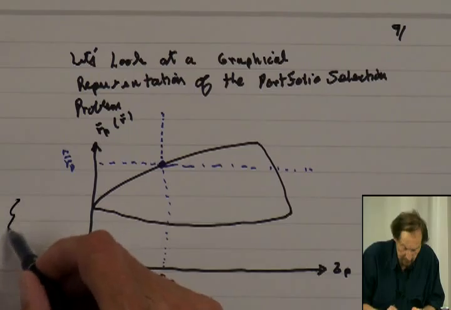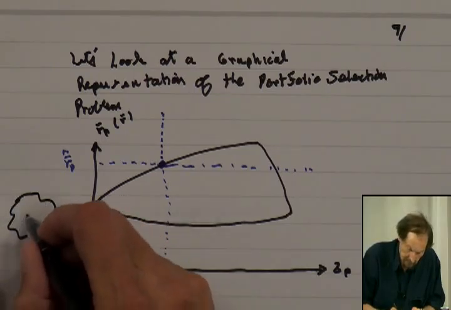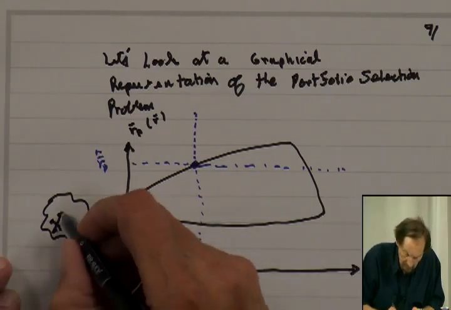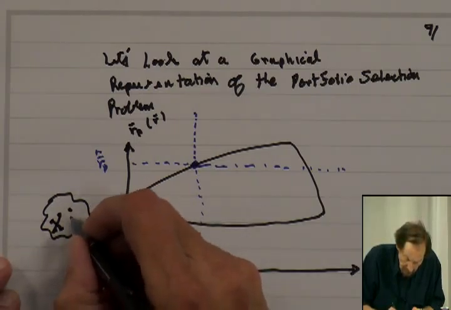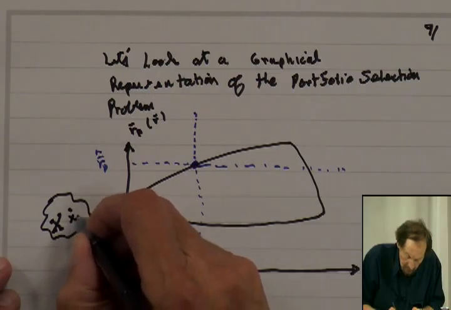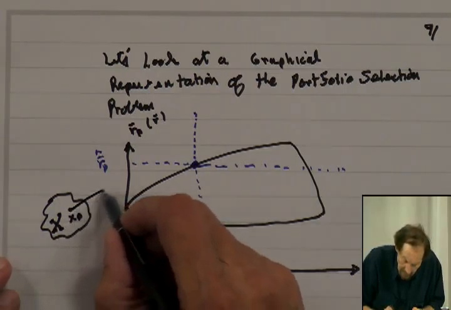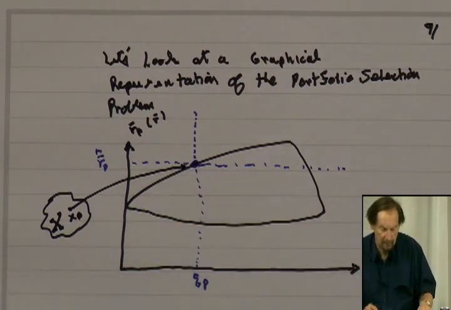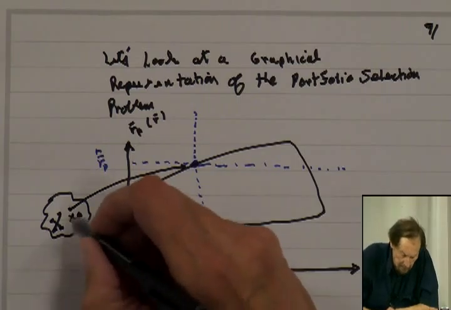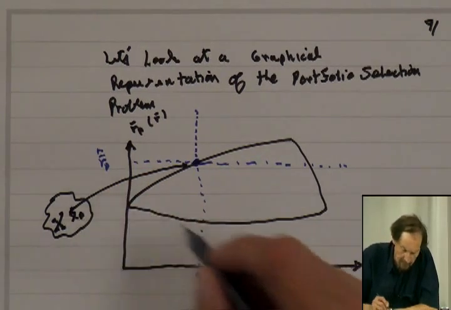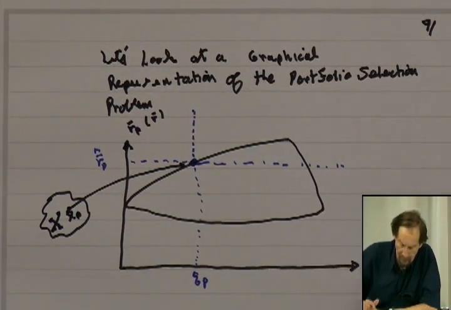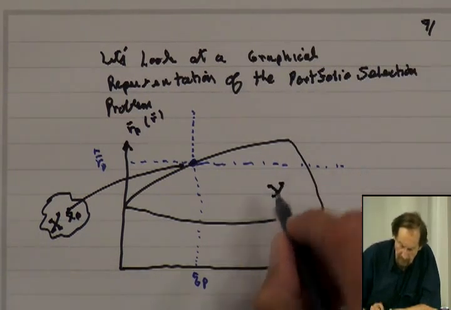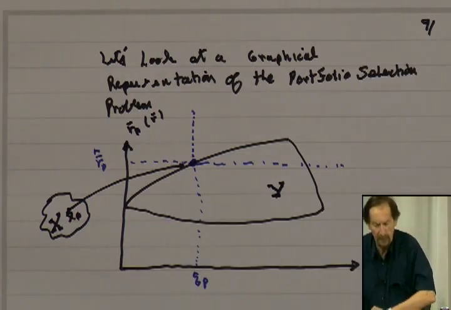Let's draw a set X. This is the set of feasible portfolios. And we'll put a little guy here, and we'll call him XP. And this XP maps to that point there. We'll call that XP hat. Okay? And we'll call this set of feasible output pairs Y.